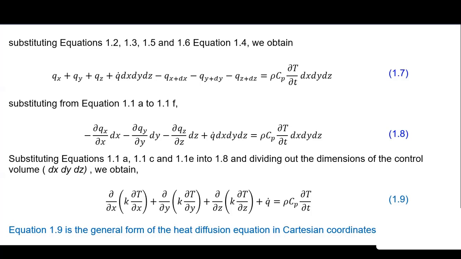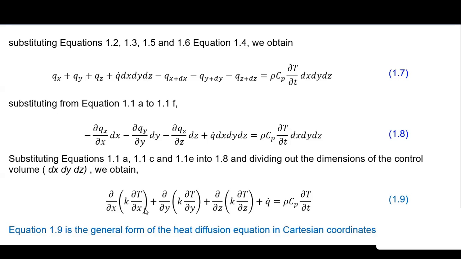Suppose we are considering a one dimensional problem without heat generation and with steady conditions. Then the equation will reduce. This term will become 0, this term will become 0, this is 0 because heat generation is 0, it is steady, so that's why it is 0, and the equation will reduce to del upon del x into k into del T upon del x.